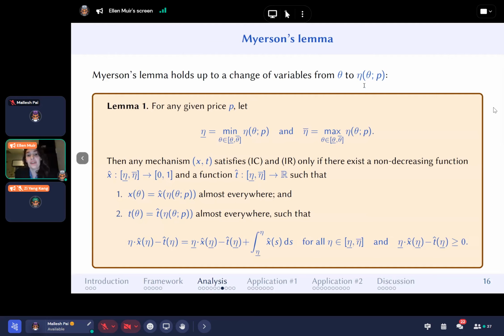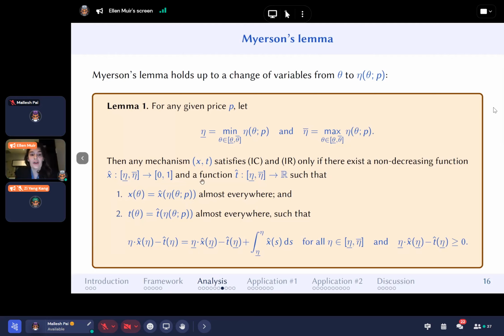And then we get this nice and very standard looking characterization, where a given mechanism satisfies incentive compatibility and individual rationality if and only if we have a non-decreasing allocation rule, where we've written the allocation rule as a function of the effective types rather than directly of the true types.